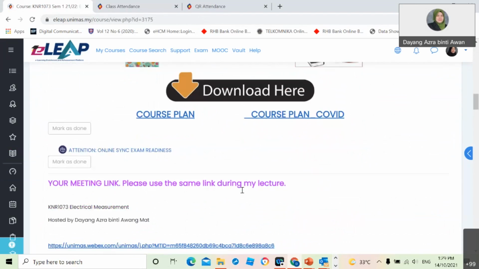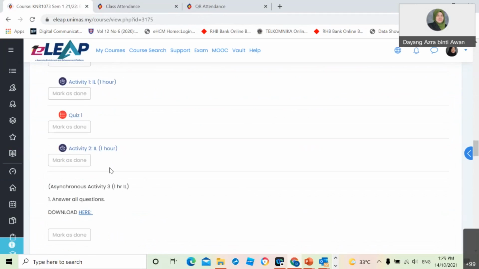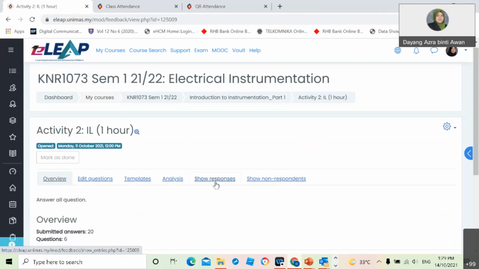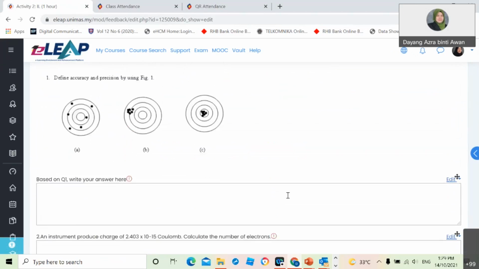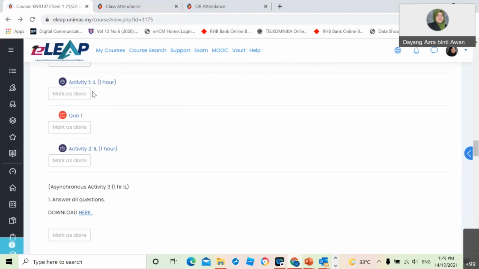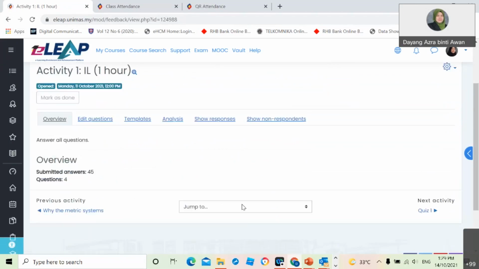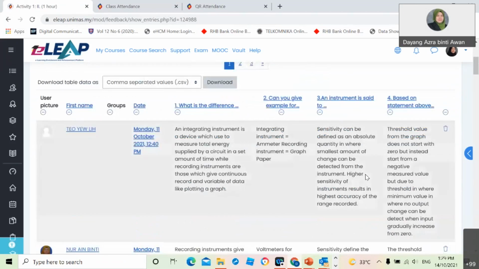And then we have another one. Activity 1, this is the second one. This one. The definitions of the instruments, give an example.